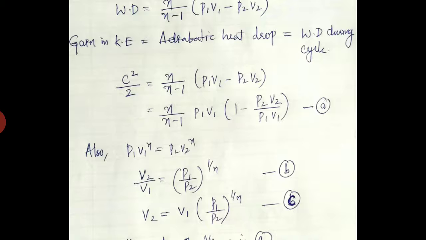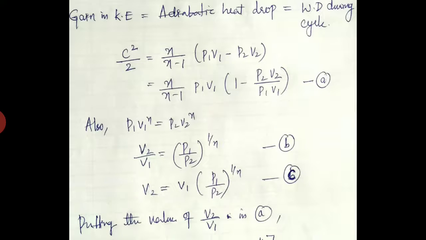V2 square by 2, don't get confused. In the previous velocity of steam at the exit of the nozzle I have taken V2, the same as here. So therefore gain in kinetic energy is C square by 2, equal to n by n minus 1 into P1 V1 minus P2 V2, where P1 V1 I can take common. Call that equation A.